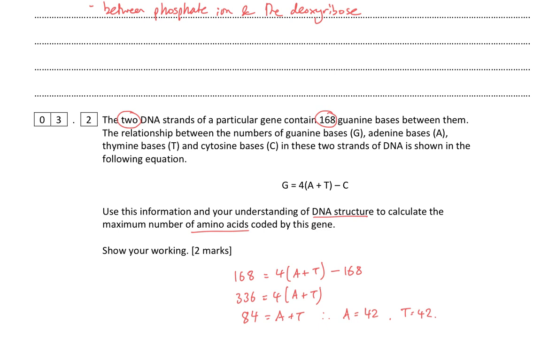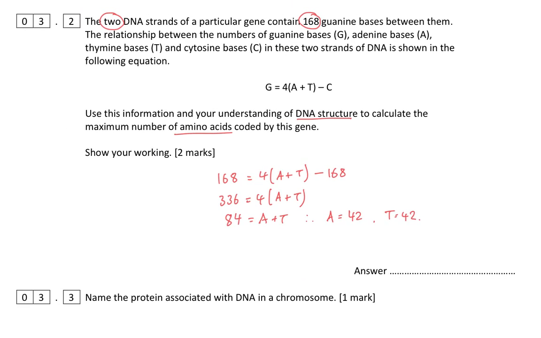Let's scroll up slightly, I've run out of space. Which equals 420 bases. That's my gene. 3 bases code for 1 amino acid. So therefore 420 divided by 3 is 140.